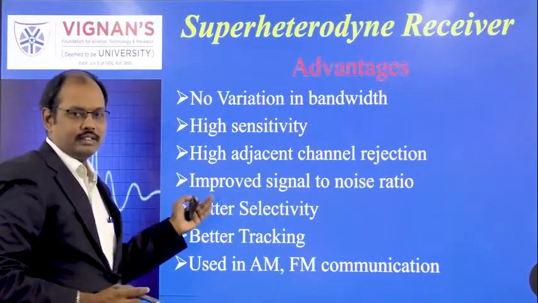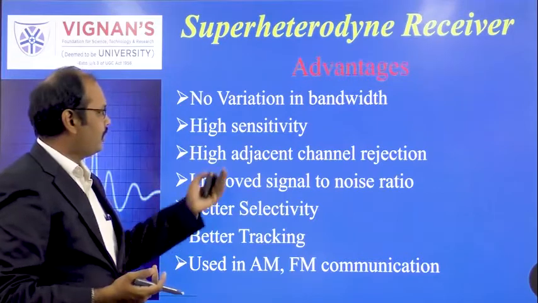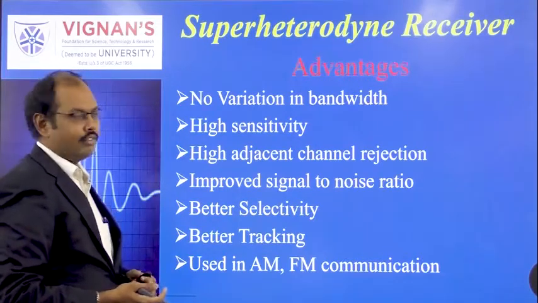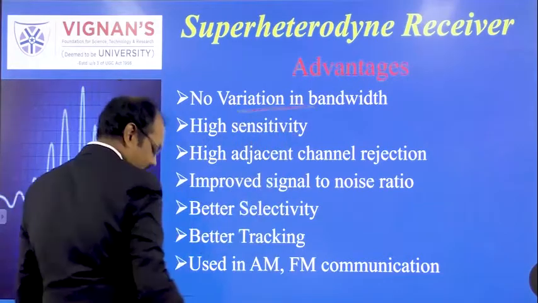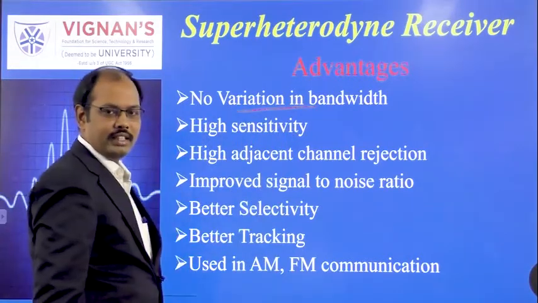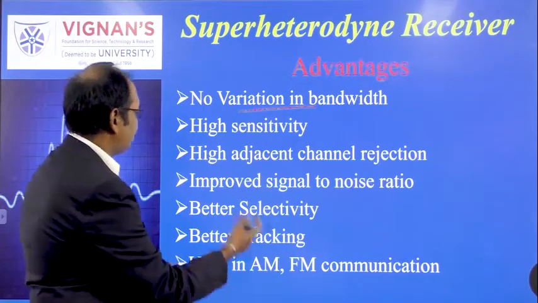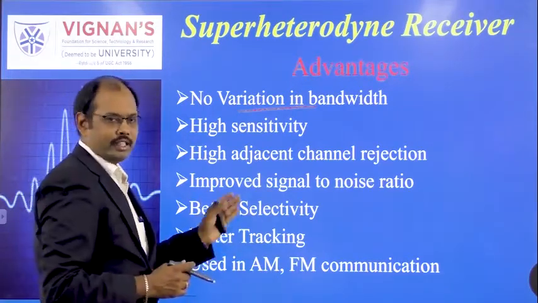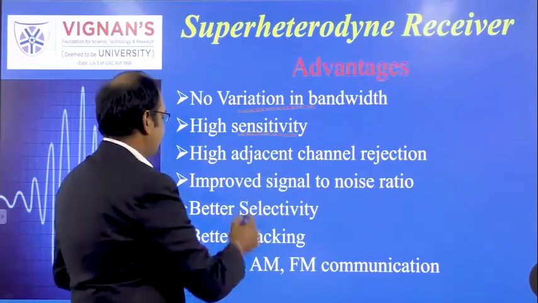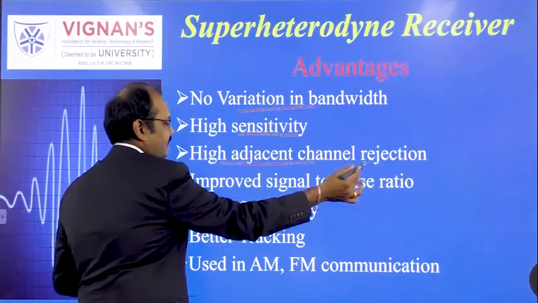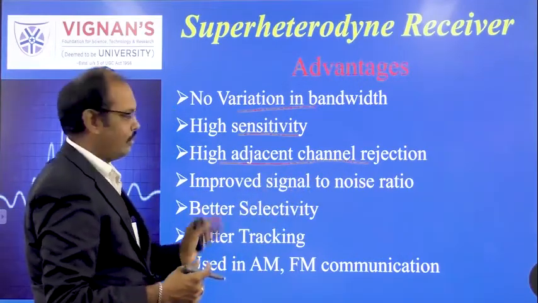What are the advantages? We have seen the advantages and disadvantages of the TRF receiver. Similarly, these are the advantages of the superheterodyne receiver, that is, no variation in bandwidth, whereas in the TRF receiver we have seen that it is unstable, with more variation in bandwidth. Here you will have no variation in bandwidth, high sensitivity, and high adjacent channel rejection, where the adjacent frequencies will be removed.